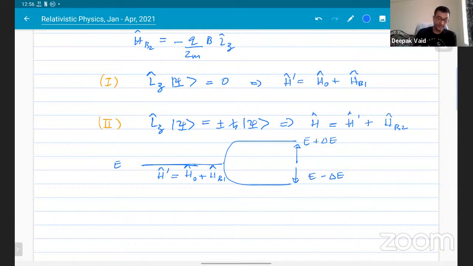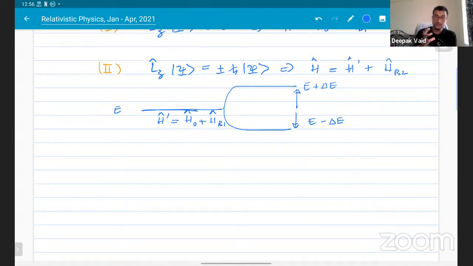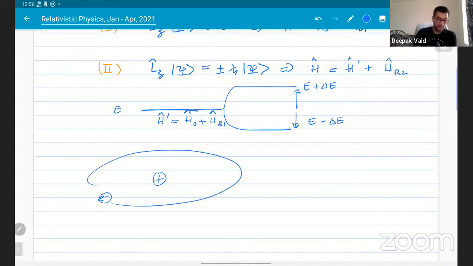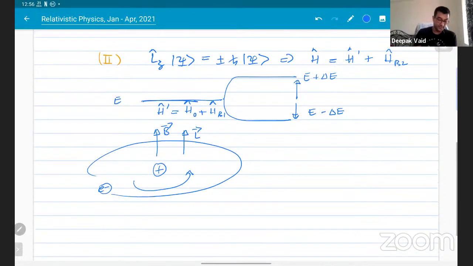So in the presence of a magnetic field, what will happen to the spectral line of the hydrogen atom? So you have an electron, right? Depending on whether it's going around in this direction commensurate with the magnetic field, right? So let's say this is the external magnetic field. If it's going in this direction, so this would be counterclockwise, so your L is pointing in the same direction, you would have E minus delta E, right?